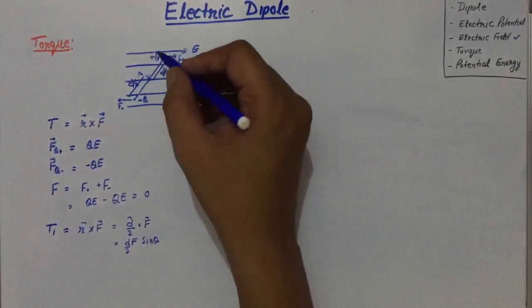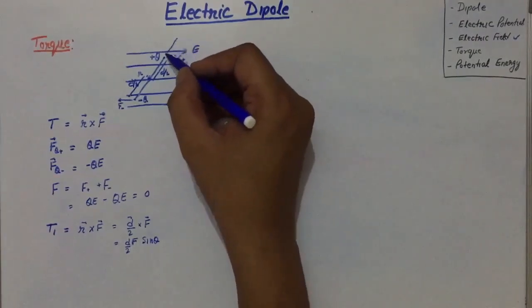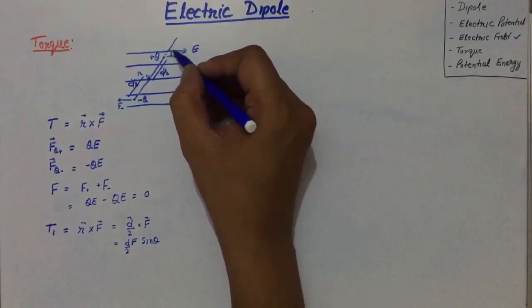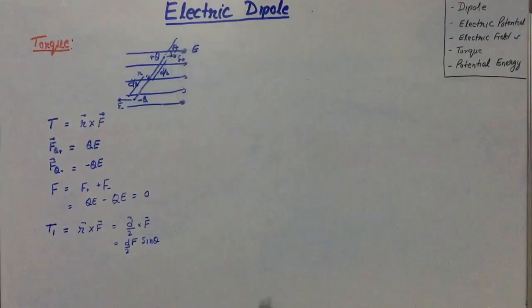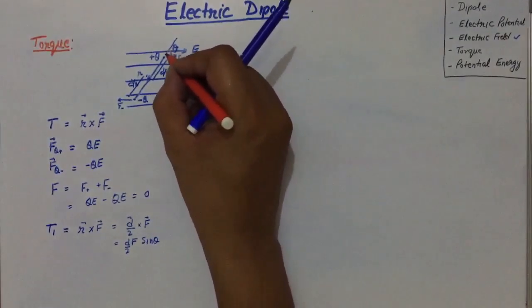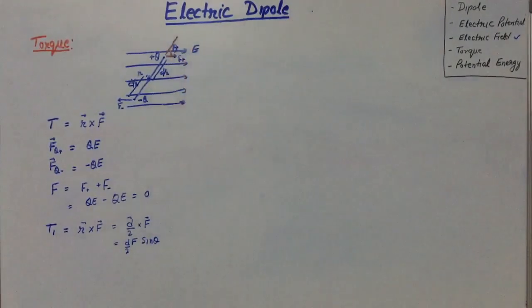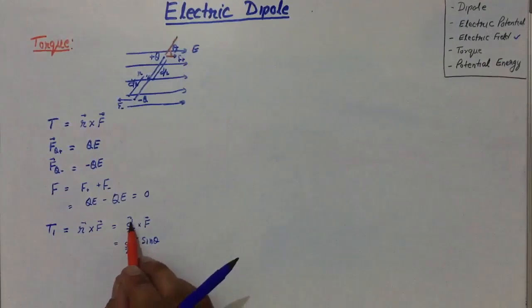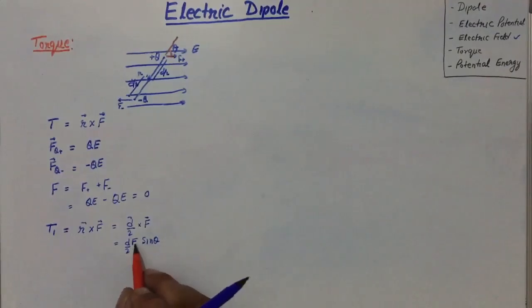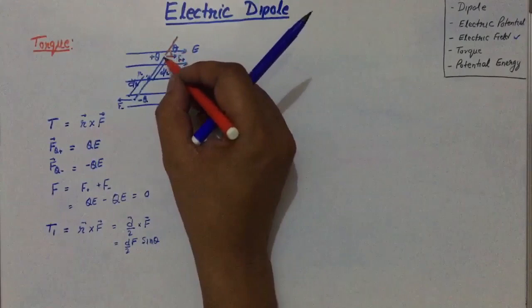If this is the direction of R and this is the direction of F in the direction of E, the angle made between them is theta. This is E, this is R. So this is the torque acting on the positive charge.